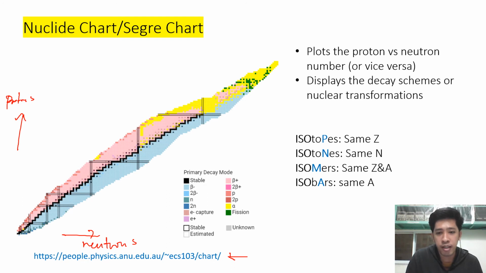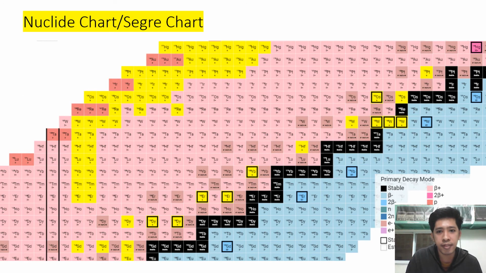Now the next question is, is this just like an island? What does this chart really look like? So let's zoom out, and let's zoom in. This is what you're going to see in your nuclei chart or Segre chart. It is actually composed of many nuclides, stable and unstable nuclides. Let's zoom in more.